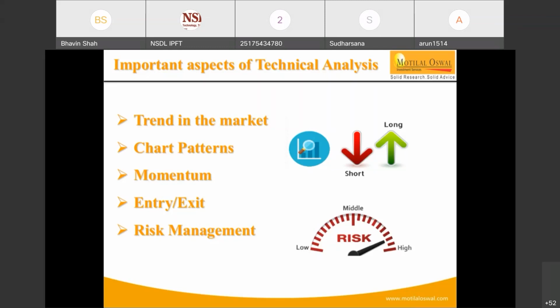We need to know what kind of risk a particular stock or the index will have while trading or investing. If the risk is managed properly, then the returns will be seen and it will be multifold.